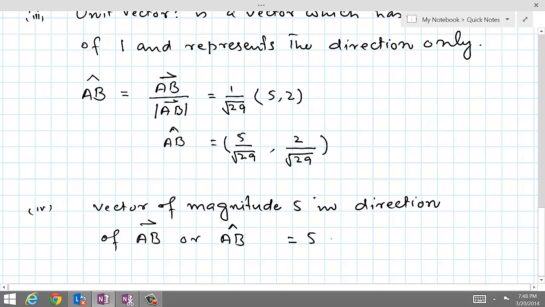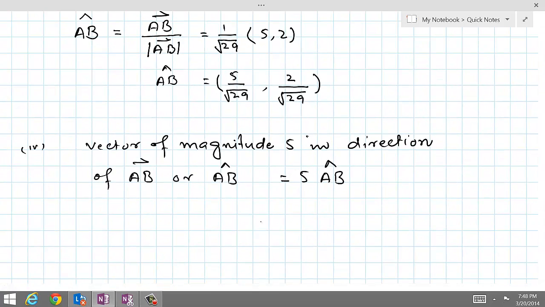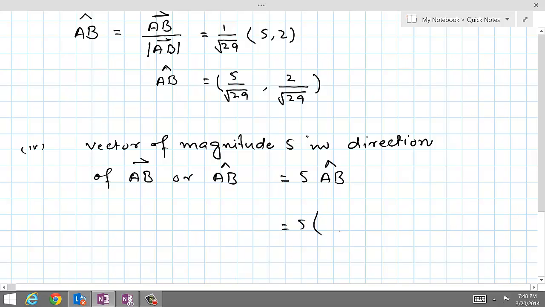So 5 times AB unit vector, which is equal to 5 times 5 over root 29 and 2 over root 29.